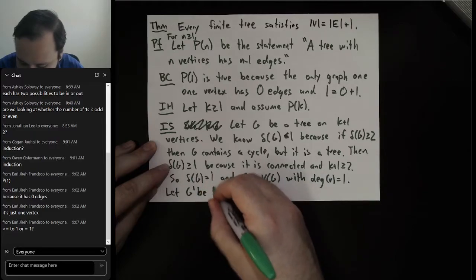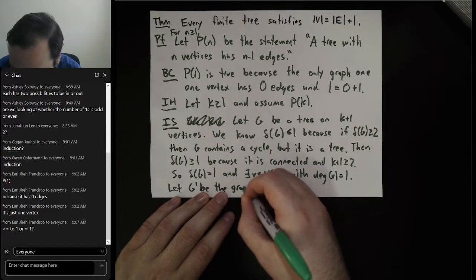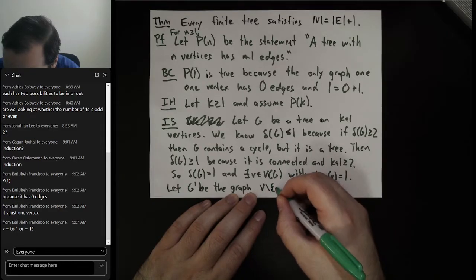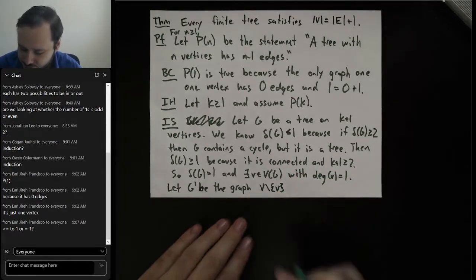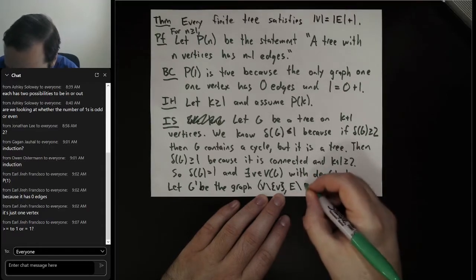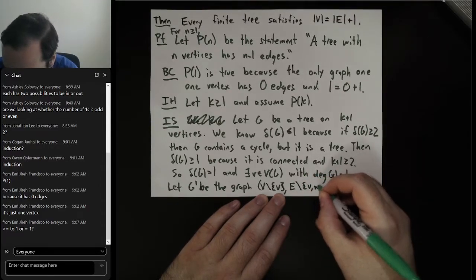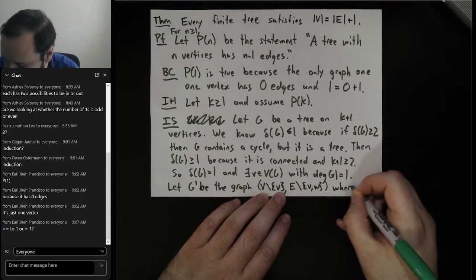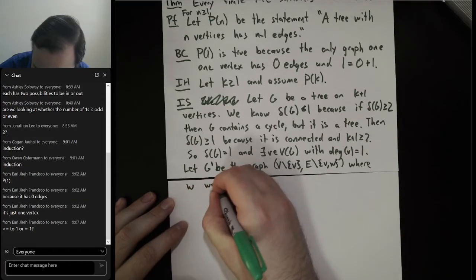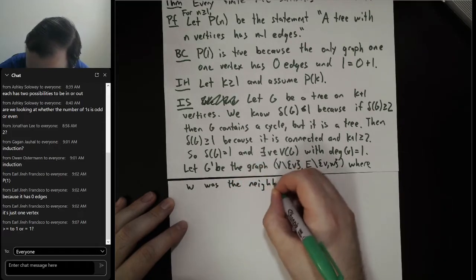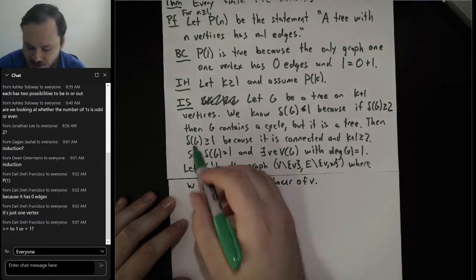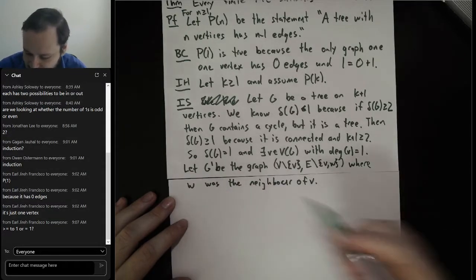Let G prime be the graph with the vertex set without the element V, and the edge set without the edge V comma W, where W was the neighbor of V. I know G had no cycles.